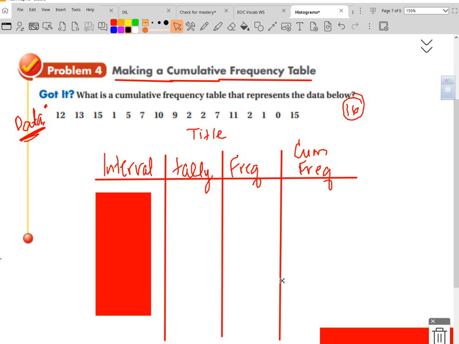All right, so we've created our chart. Now we need to fill in our table. The first thing I'm going to do is count how many members are in my set of data. How many pieces of data do I have? You should have it on your paper. 12 is 1, 13 is 1, 15 is 1.